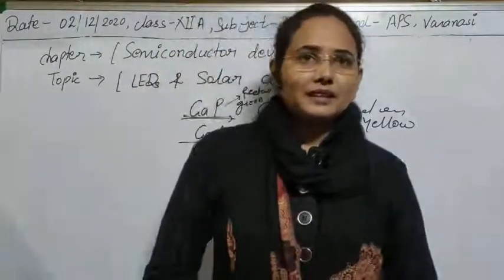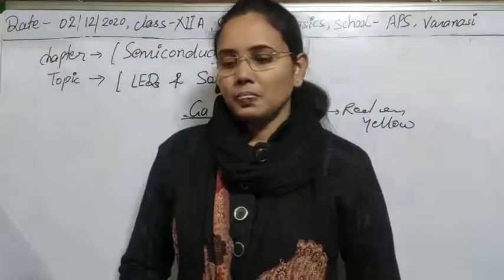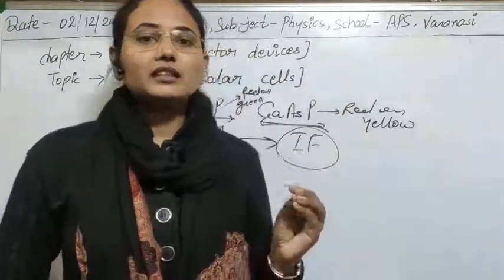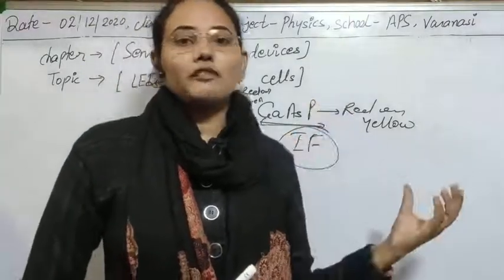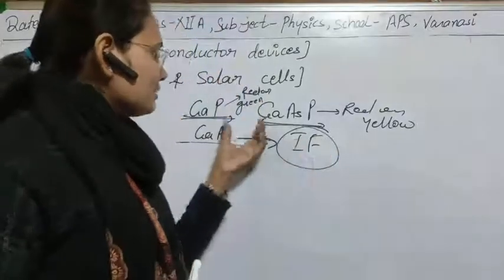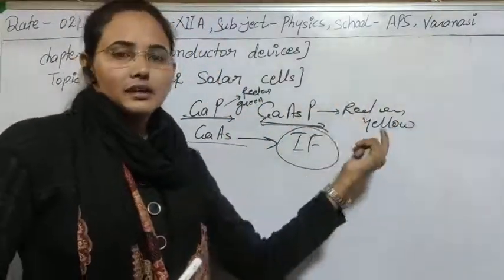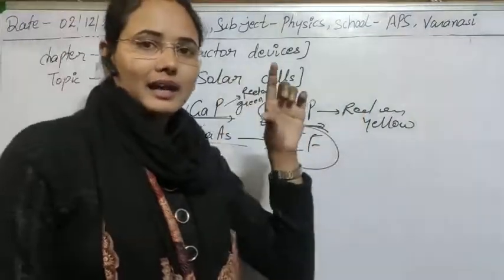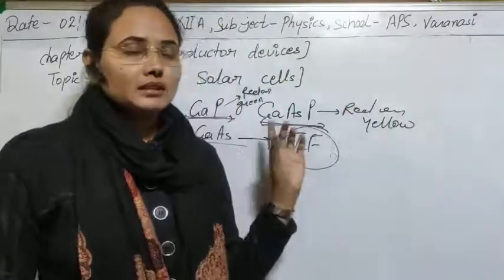The second factor is, suppose I ask you how we can change the intensity of light that is emitted by LEDs. The color depends on the frequency, and also the band gap or wavelength that is emitted.